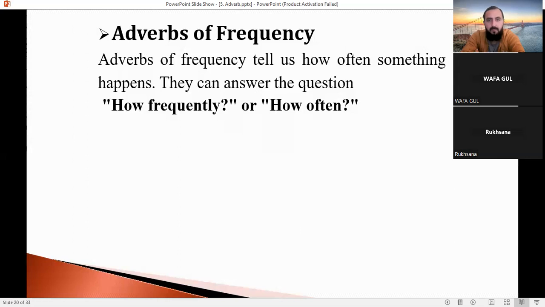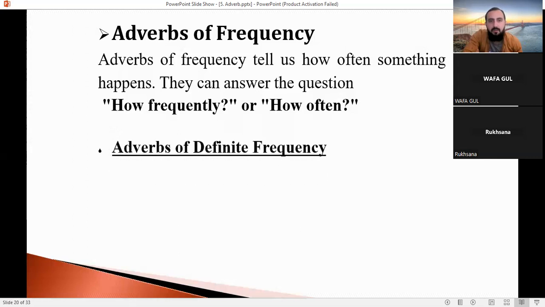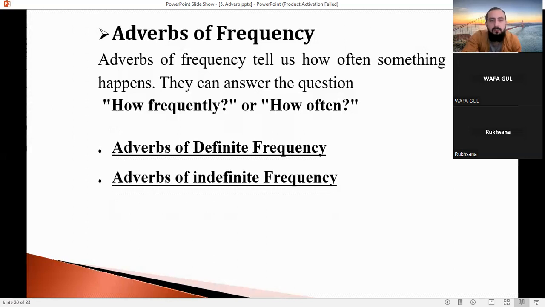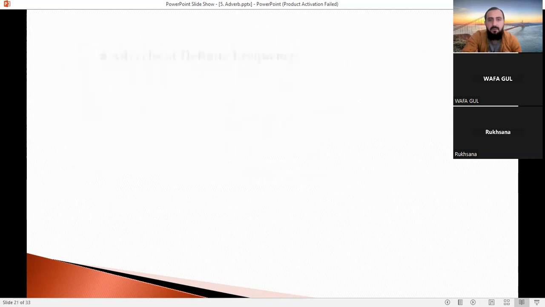They can answer the question how frequently or how often. Ms. Roxana, can you read ahead? Adverbs of definite frequency, adverbs of indefinite frequency. So there are two types of adverbs of frequency, definite and indefinite.